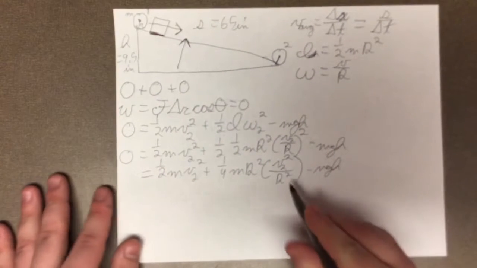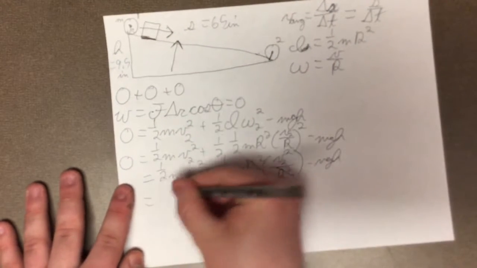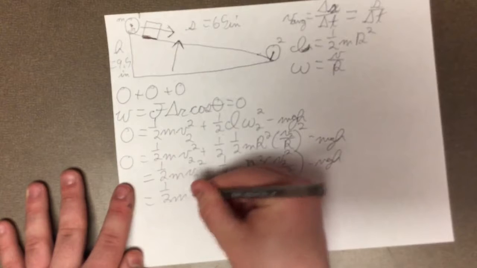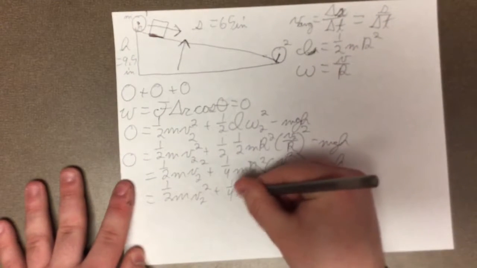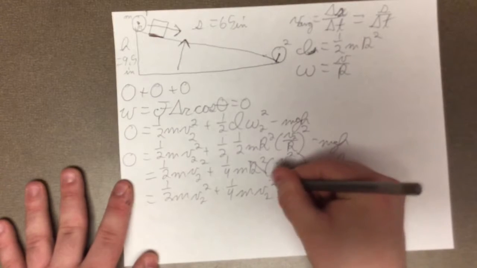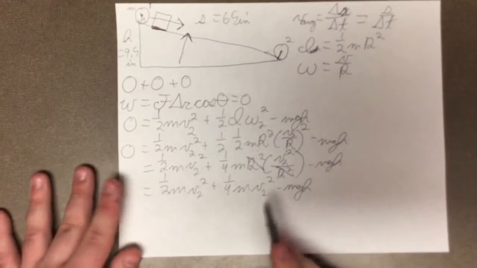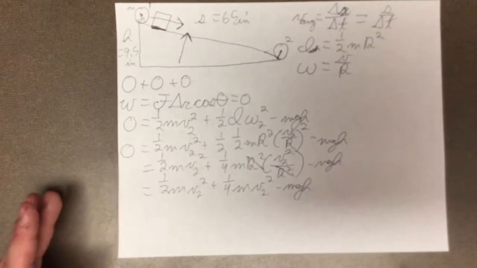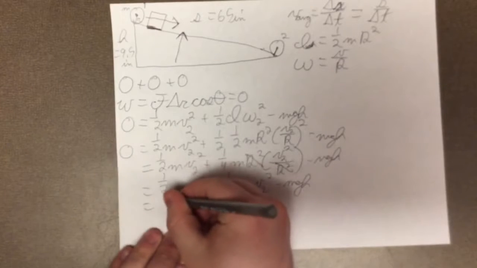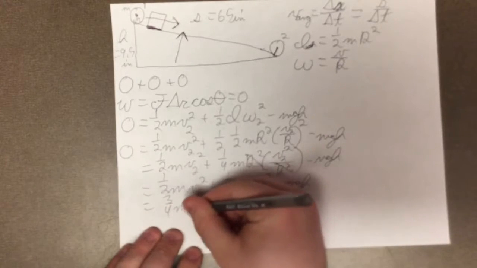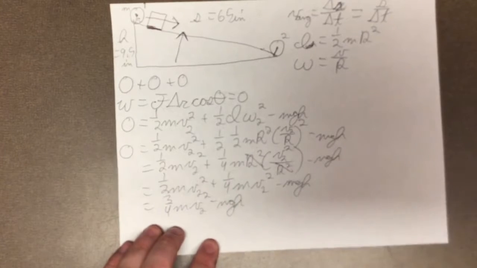Now, because we have an r squared here and an r squared here, we can just cancel these terms, and we are left with 1/2 mass times velocity 2 squared plus 1/4 mass times velocity 2 squared minus mgh. And you might notice here that we have like terms, so we can combine these as well, and the equation can get much simpler. So this equals 3/4 mass times velocity 2 squared minus mgh.